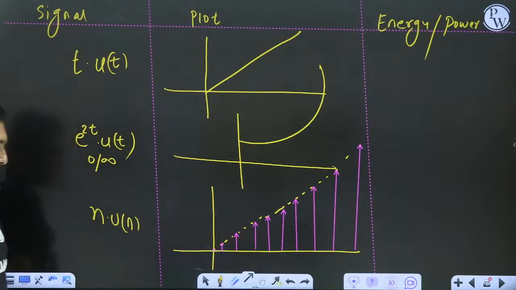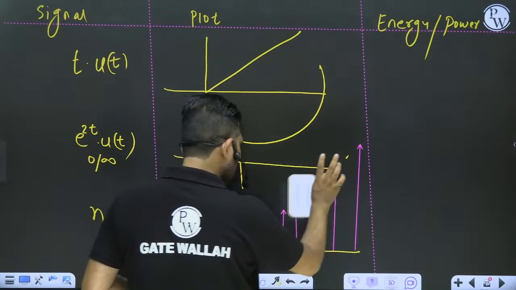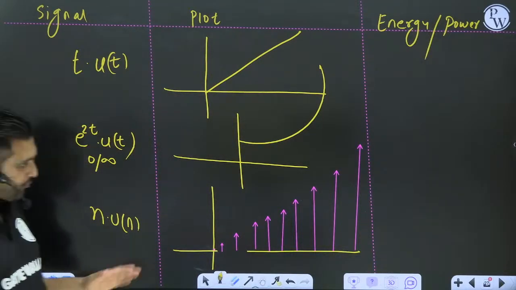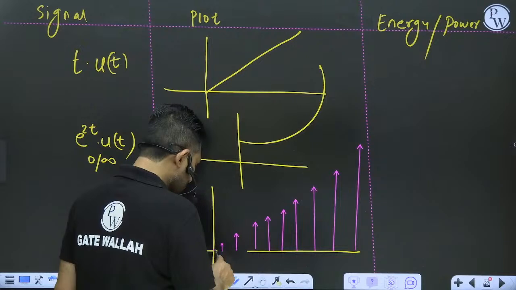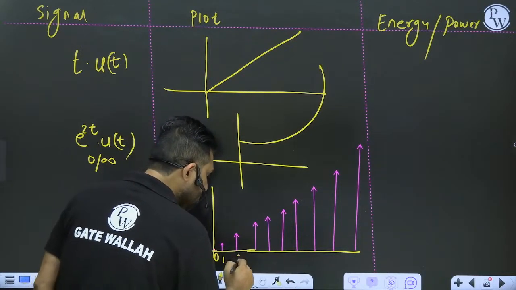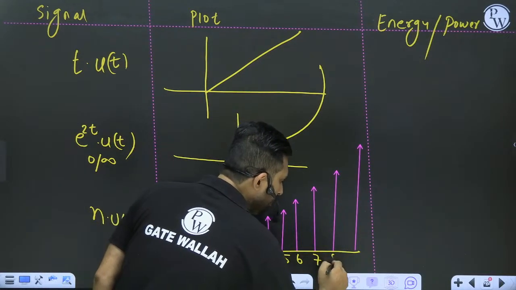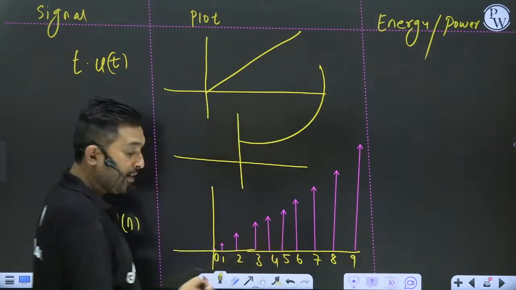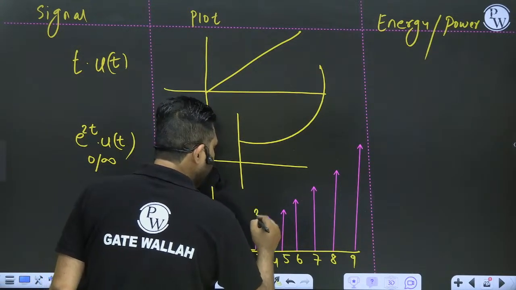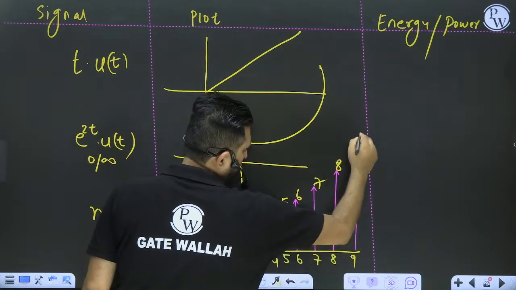So this is the straightforward function which is going towards the infinity. This is at 0, 1, 2, 3, 4, 5, 6, 7, 8, 9. n u(n): 0 gives me 0, 1 gives me 1, 2 gives me 2, 3 gives me 3, 4 gives me 4, 5 gives me 5, 6, 7, 8.